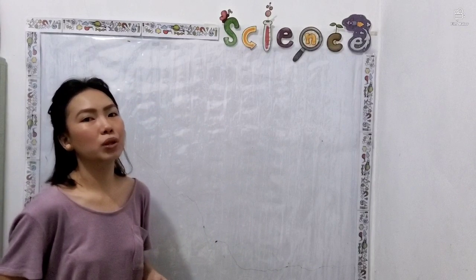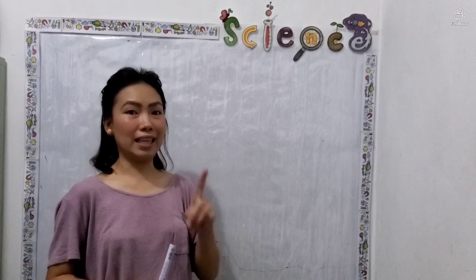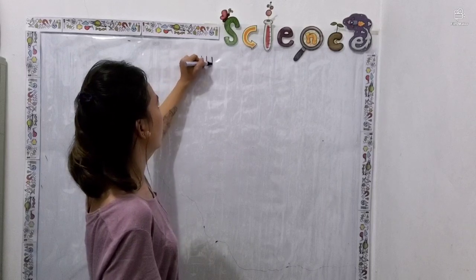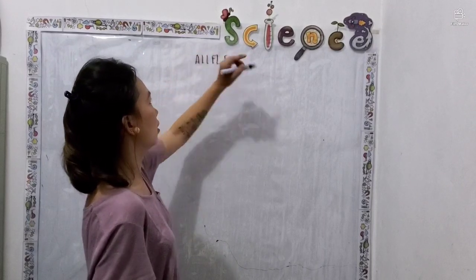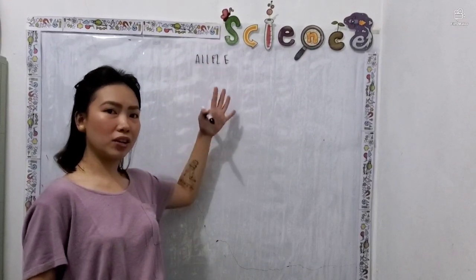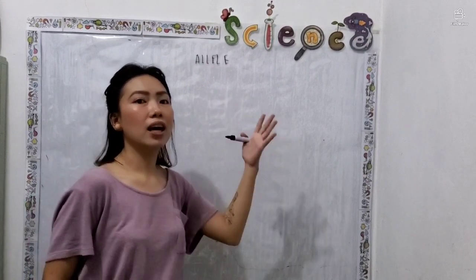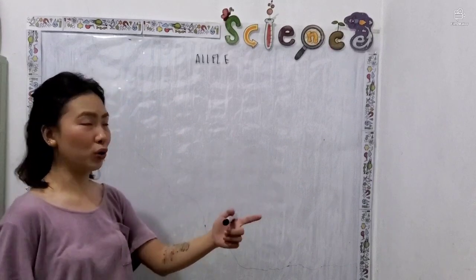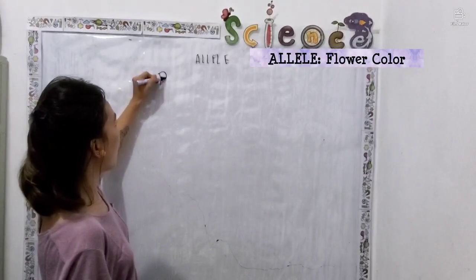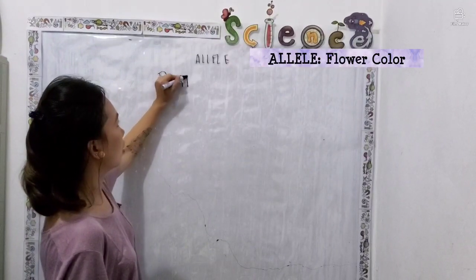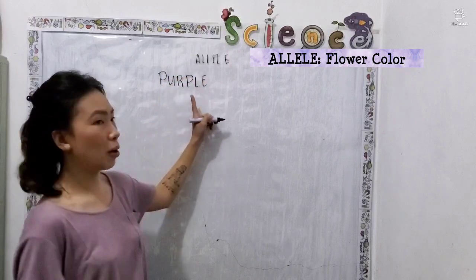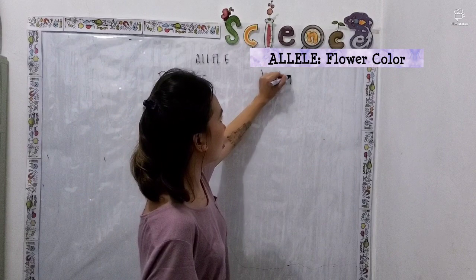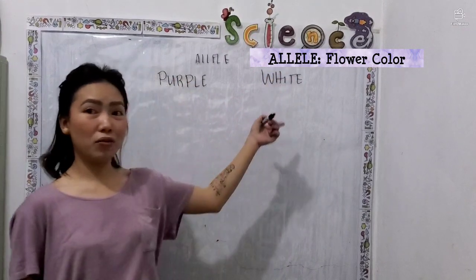In the monohybrid cross, we will focus on one allele. When we say allele, this allele is referring to the characteristic. So let us have, for example, a flower color. For example, we have a purple flower and a white flower.